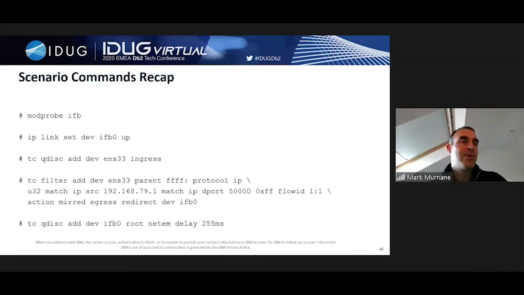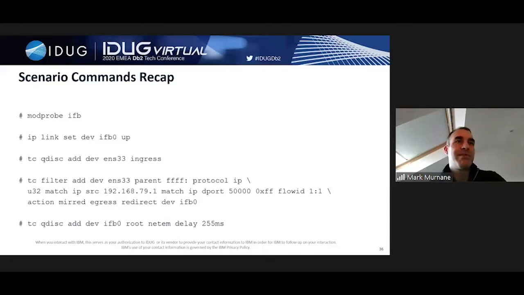In the third step, we created a queuing discipline added to the default device, ENS33, that allowed us to control ingress traffic. The fourth step then was to apply a filter to traffic arriving on ENS33 to redirect it to IFB0. The final step was to add a delay on all traffic exiting through IFB0. In this case, the delay is specified at 265 milliseconds.